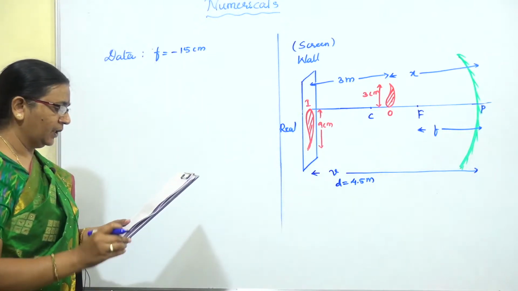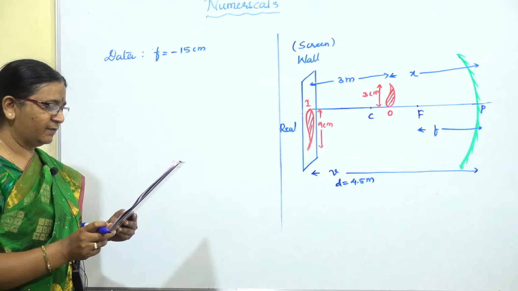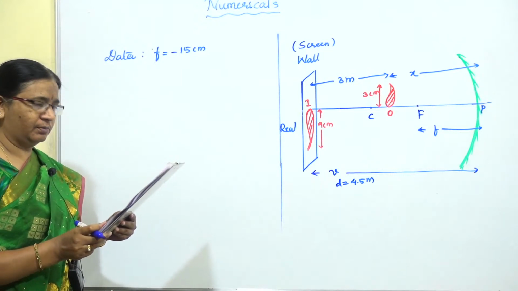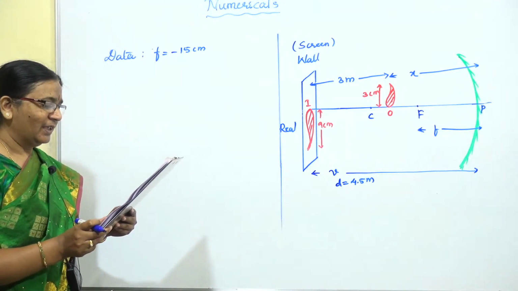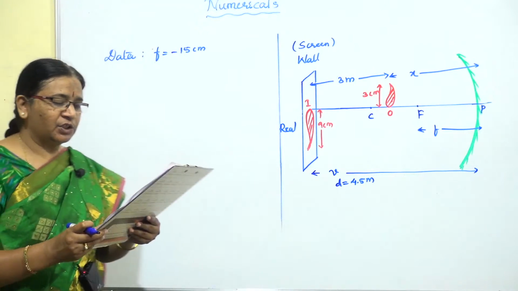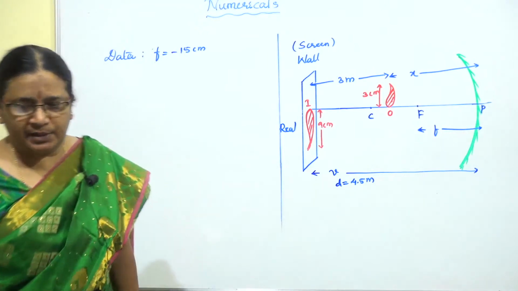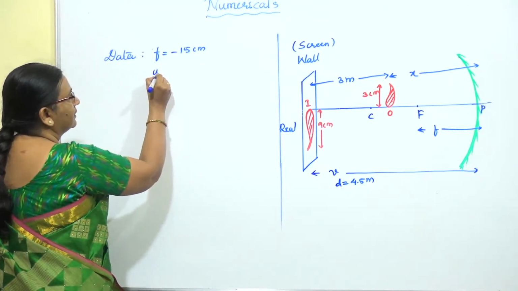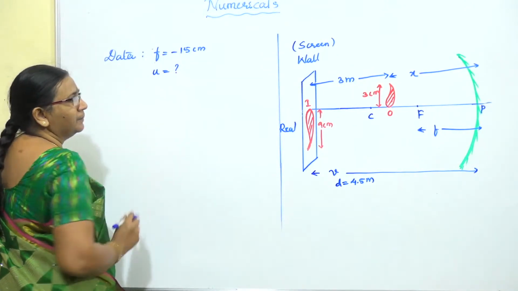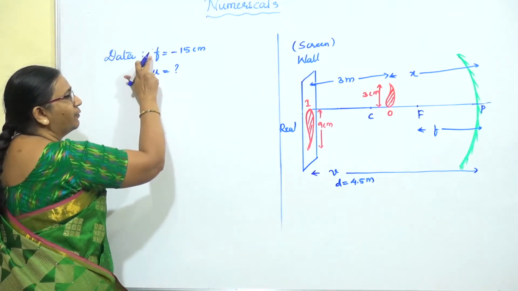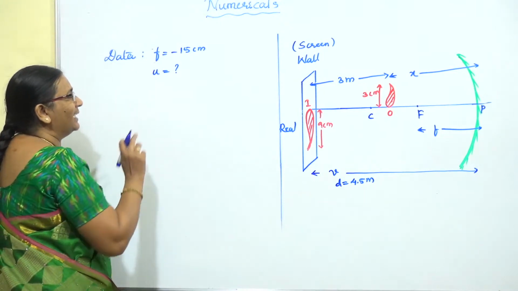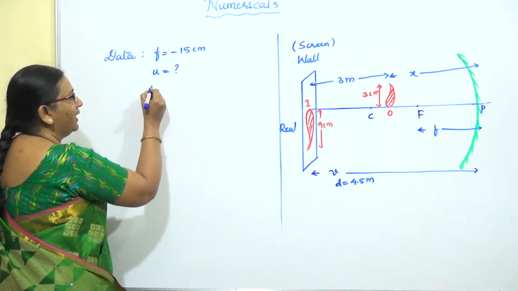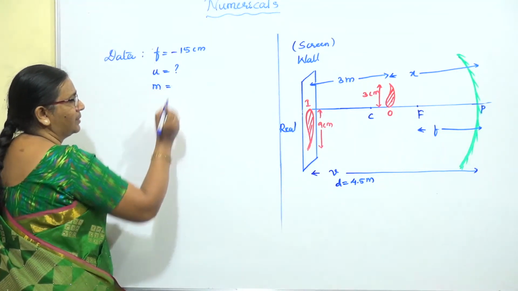Fine. How far must it be placed from a small cavity in the teeth in order to give a virtual image magnified 5 times? What is the question? How far the cavity, his tooth, should be from the mirror so that he can get a magnified image, how many times? 5 times.